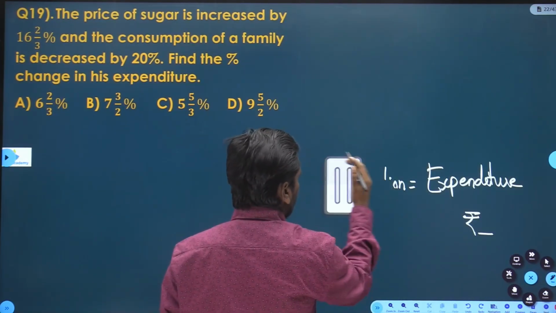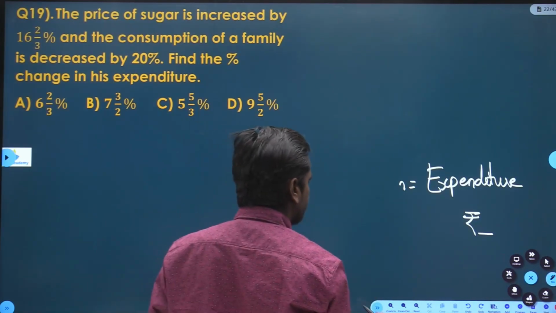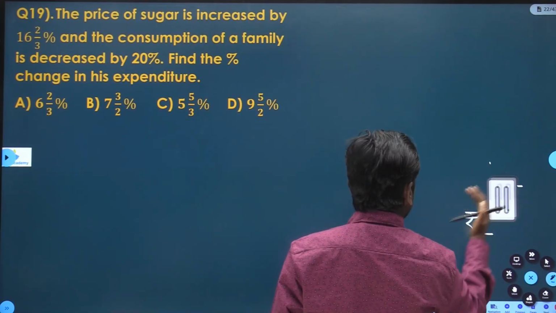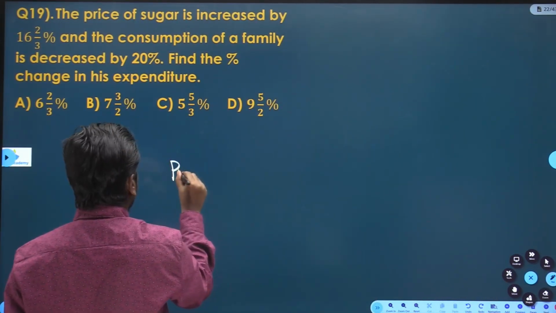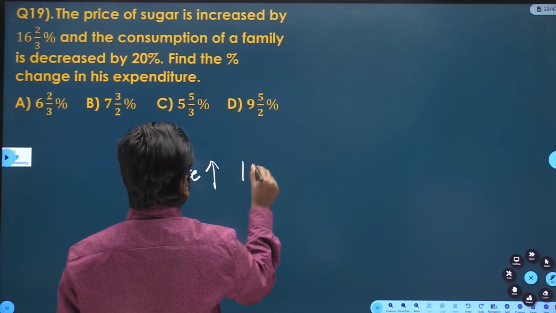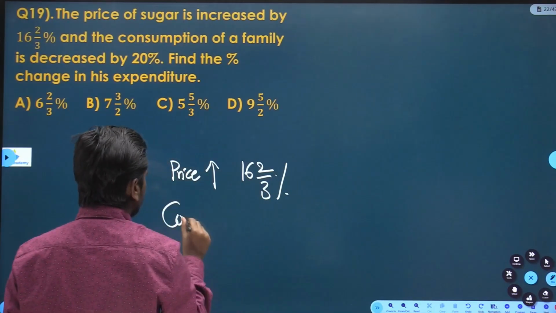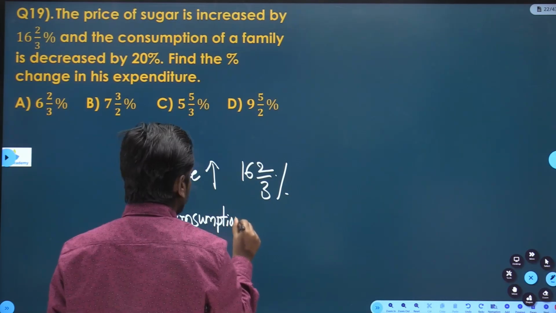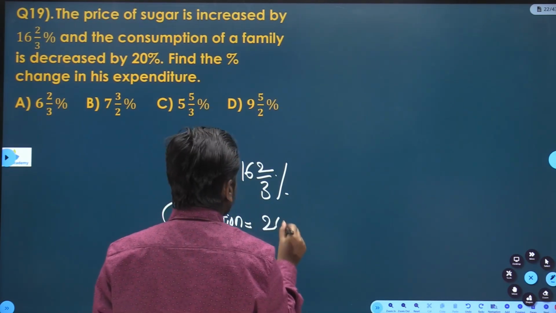Here what they are saying: price of the sugar is increased by how much? 16 2/3 percentage, and consumption is decreased by how much? 20 percentage.